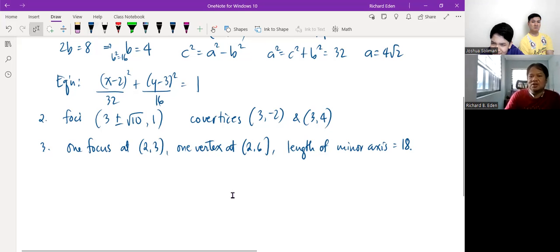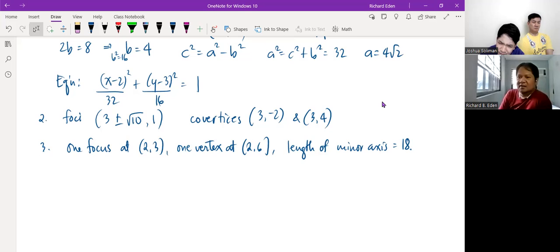Right, but my question is, can we decide if the major axis is horizontal or vertical? I forgot, the major axis does not need to be the axis that is greater. It needs to be the axis that encompasses the foci. So the axis that contains the foci is the longer axis.